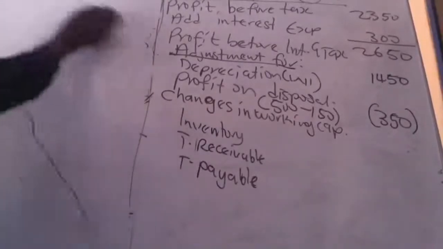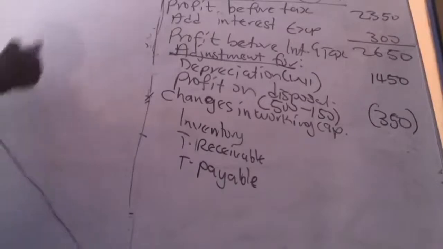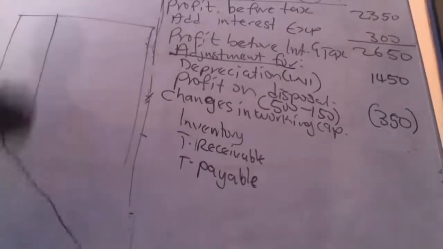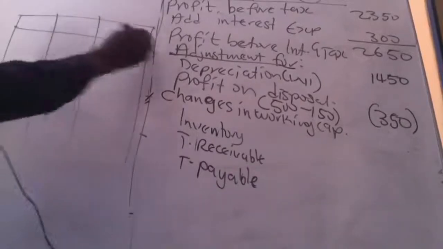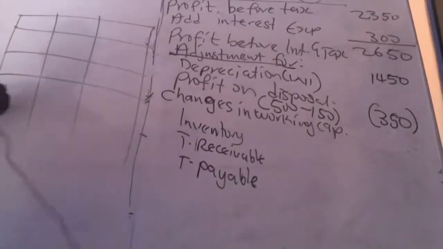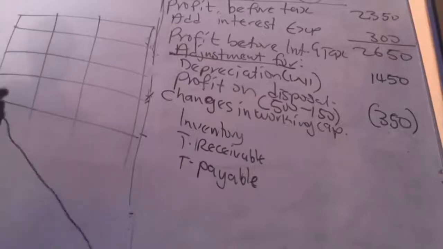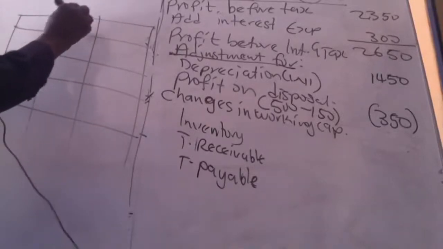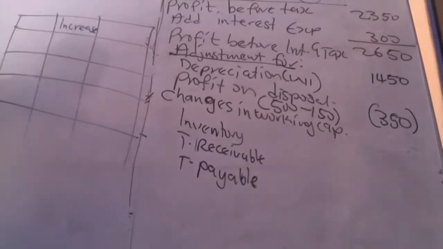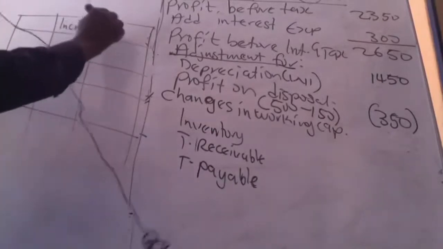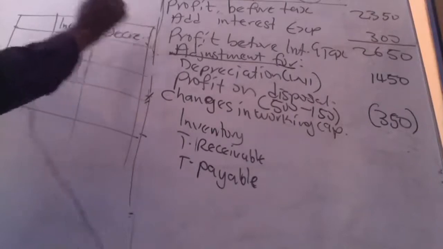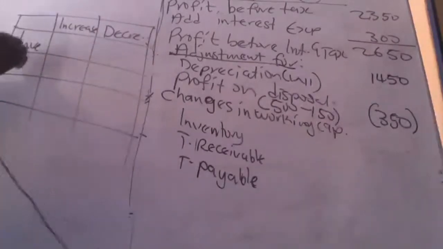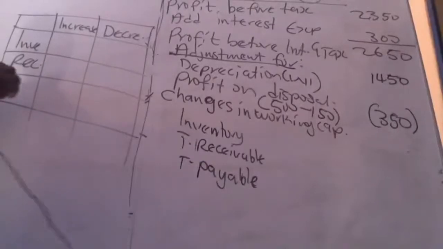Now, there was a table that we came across when we were doing it. It's something like this. We said increase here and decrease here, for inventory, receivable and payable.